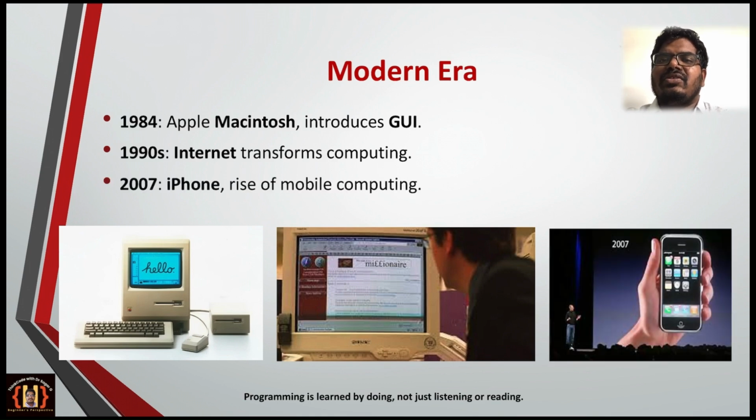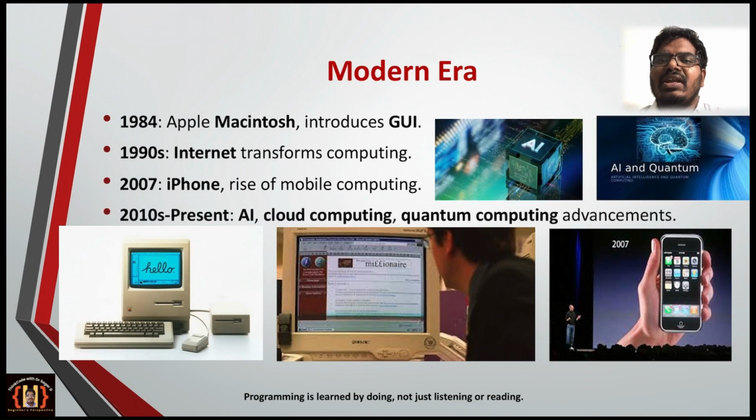Next, in 2007, the invention of the iPhone raised the mobile computing concept. Later on, from 2010 to present, new technologies such as AI, artificial intelligence, cloud computing, and quantum computing are the modern day advancements in computing.